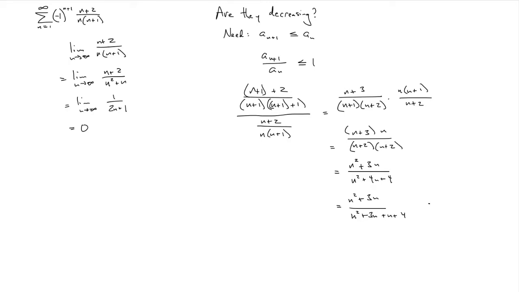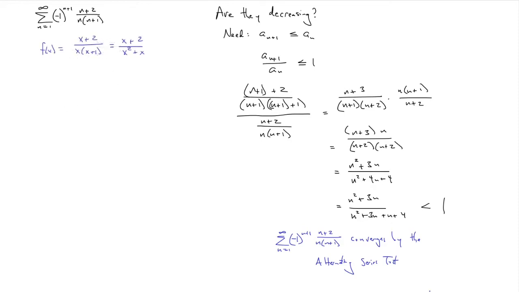And so this is clearly less than 1. And that's what I was trying to show. That tells us that the terms are decreasing just like we were hoping they would be. And having shown that the terms are decreasing and going to 0, we can now claim that the series we're looking at converges by the alternating series test.